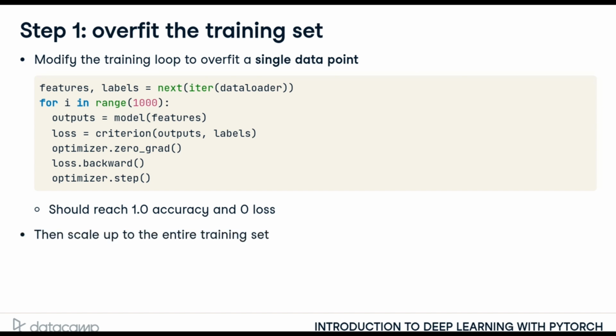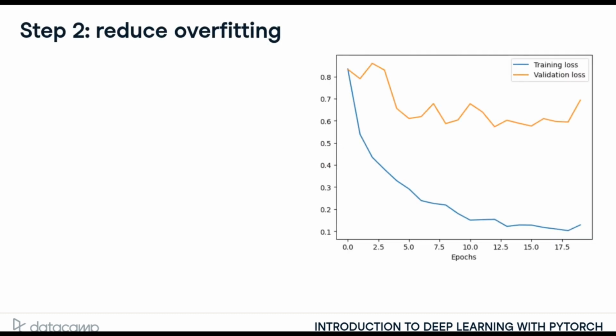At this stage, we use an existing model architecture large enough to overfit while keeping hyperparameters like the learning rate at their defaults. Now we need to create a model that generalizes well to maximize the validation accuracy.